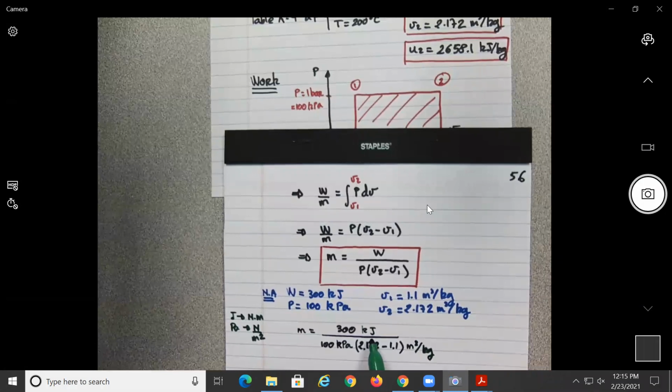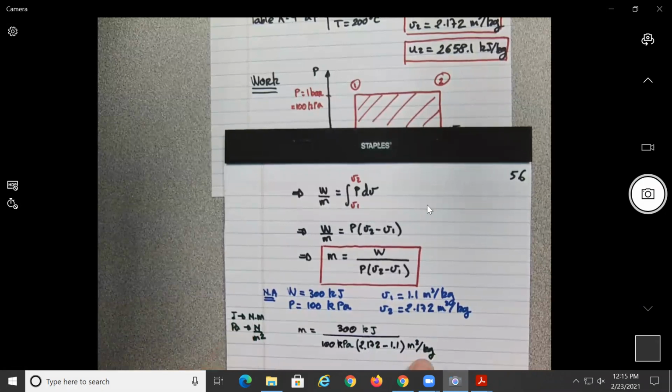So basically these cubic meters will cancel out because you have meter squared times meters. And now the Newton will cancel with the Newton, so we're only left with kilograms. Okay? So what do you get if you do this calculation?